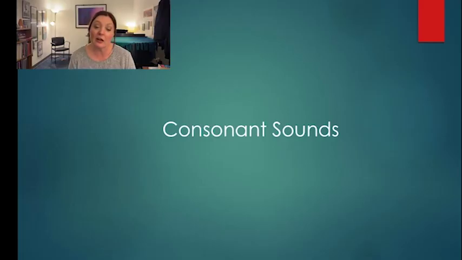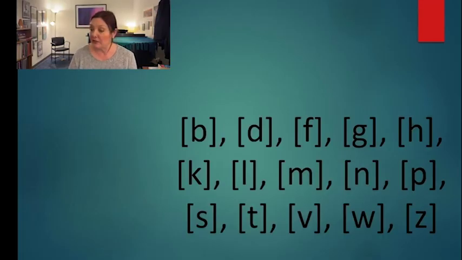So let's look at consonant sounds. I'm going to double check you can see all of these. Okay, good. These are all the consonant symbols that look like they are spelled in the normal alphabet, right? So b, d, f, g, h, k, l, m, n, p, s, t, v, w, z.